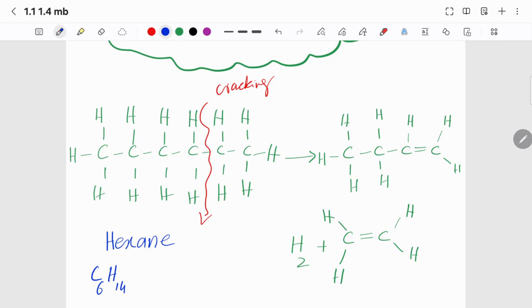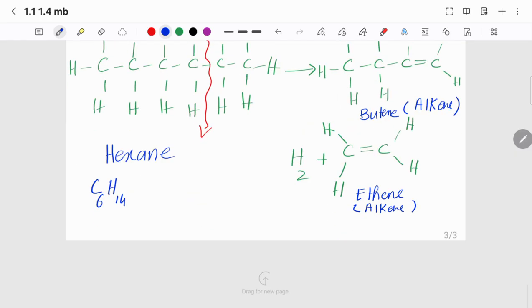Okay, so both of them are alkenes. The name of the first molecule is butene, that is an alkene, and the name of the second molecule is ethene, which is also an alkene, along with hydrogen.